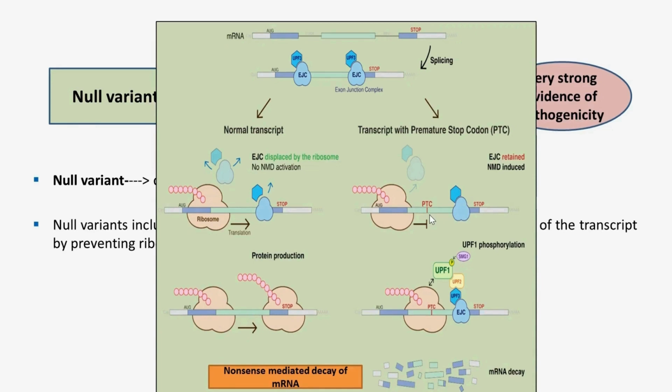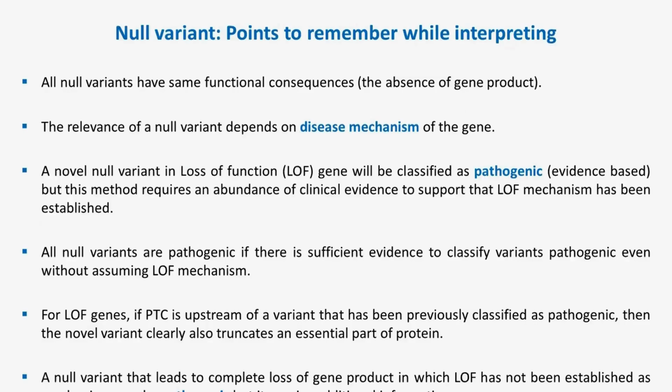So the EJC, meaning exon junction complex, will not be displaced and protein formation also will end here before the actual stopping position. So the protein will be truncated, and that is called nonsense mediated decay of mRNA. About null variants, we have to remember certain things, like all the null variants have the same functional consequences, they all lead to absence of gene product.